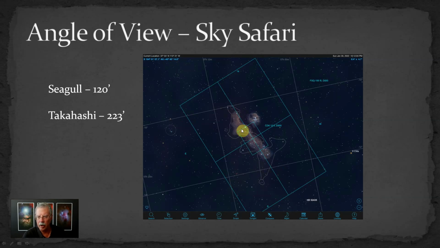The more narrow field of view here in the center would be if I were using the PlaneWave CDK 12.5, which has a much longer focal length and wouldn't work nearly as well for this target. In numerical terms, the Seagull is about 120 arc minutes across, and the Takahashi field of view is 223, so it fits very nicely within the Takahashi's field of view.